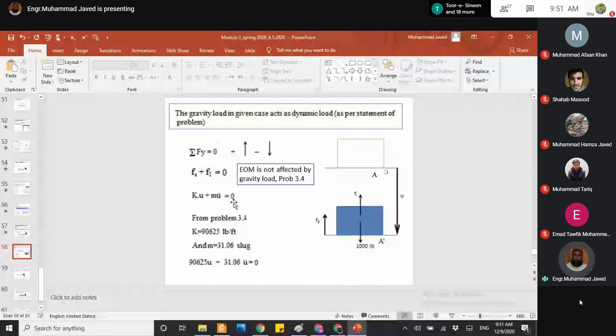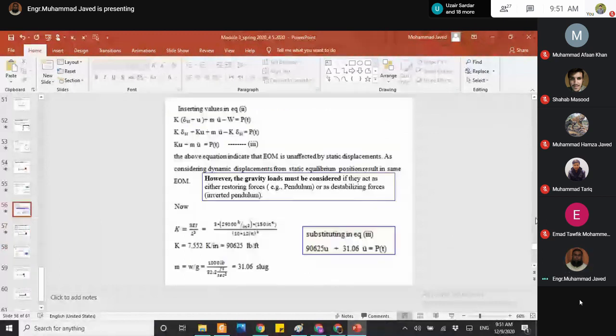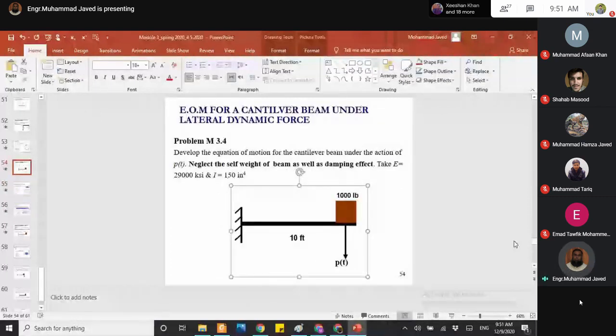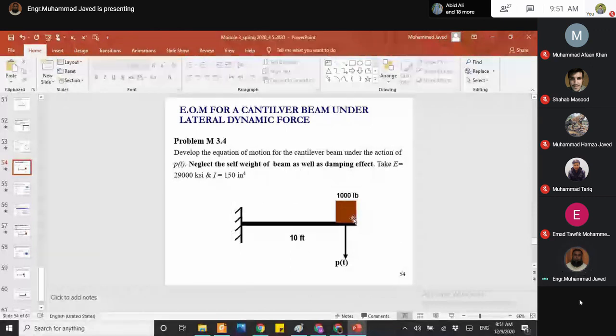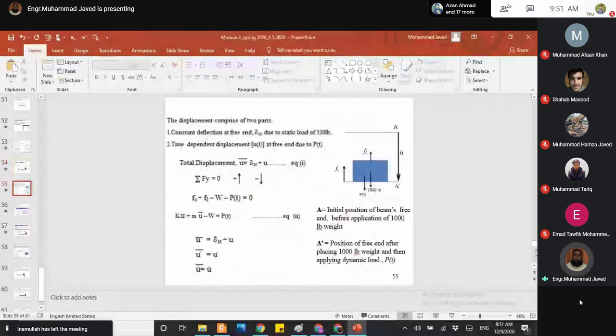And you will get the same equation which you obtained in this case. Only the difference is in this case a dynamic force was acting, which was incorporated in the equation of motion.